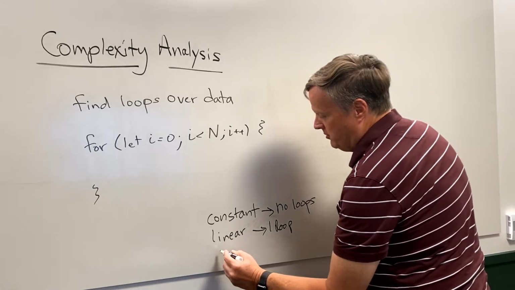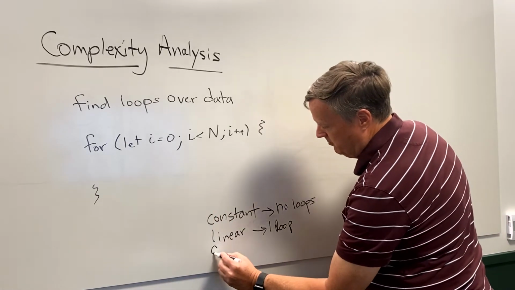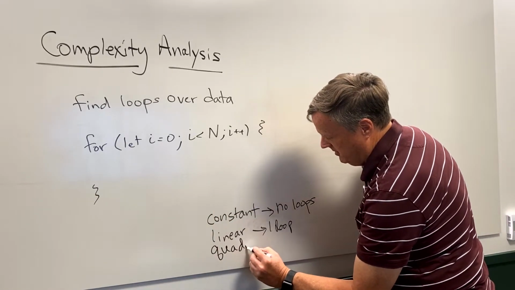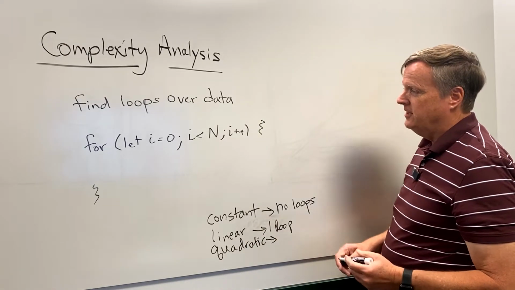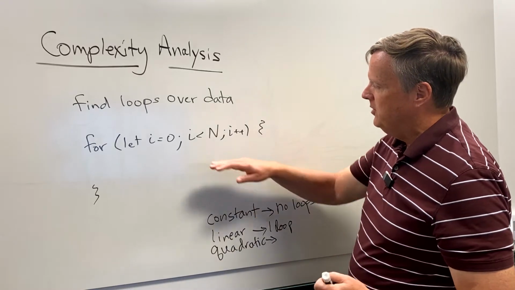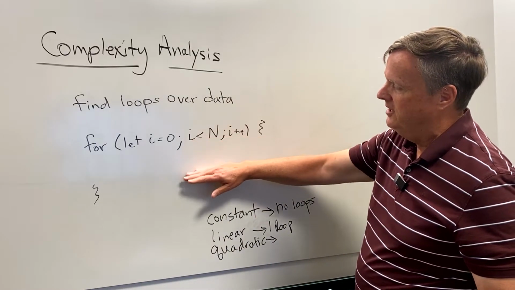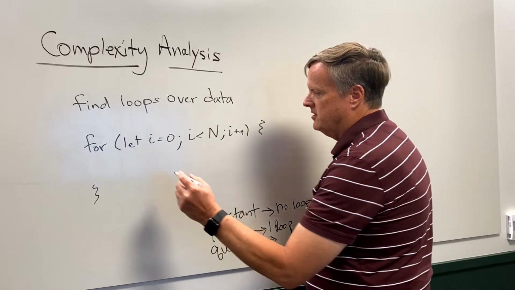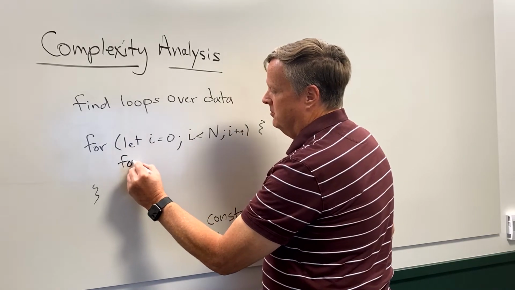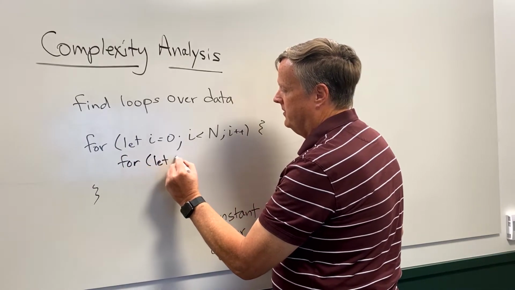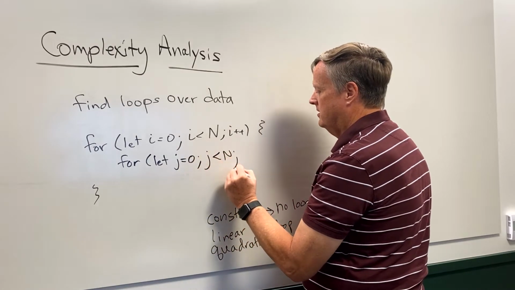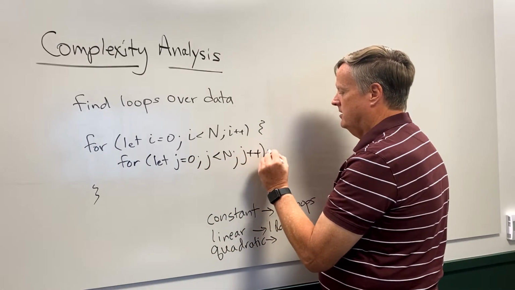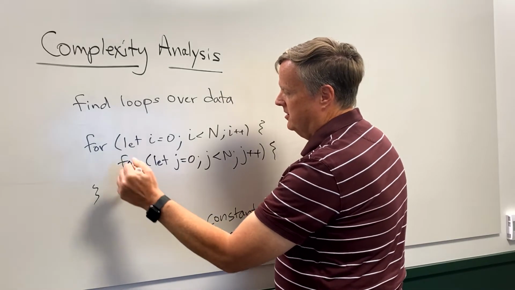So what about quadratic? I'm running out of board space. What gives you quadratic is when you loop over something and you may end up looping over it again, and usually you'll see that as nested loops. So you might see, inside of here, another loop, and so on. This is a nested loop.